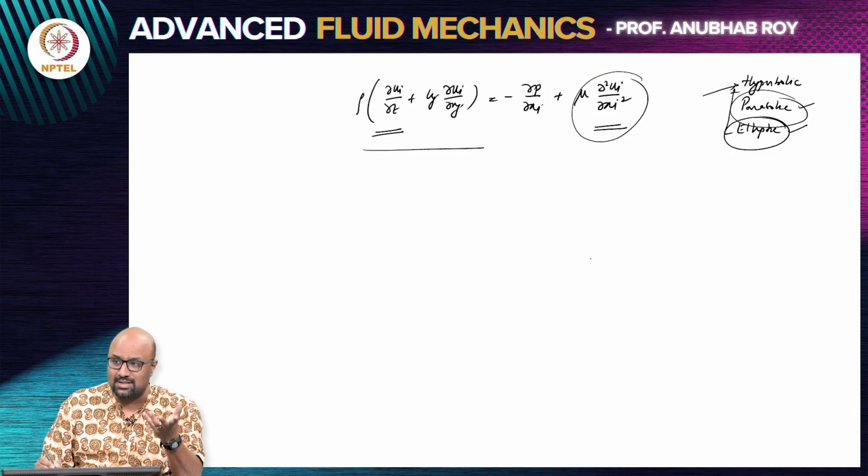One classic example of a parabolic equation is the heat equation. When you are solving the unsteady heat equation, you give the temperature profile at t equals 0, and then given the boundary condition, you solve that heat equation. An example of a hyperbolic equation is the wave equation.